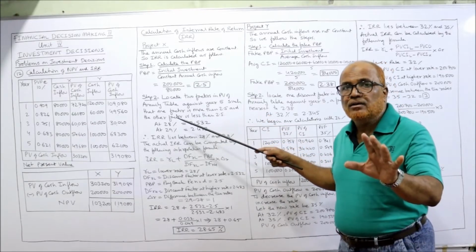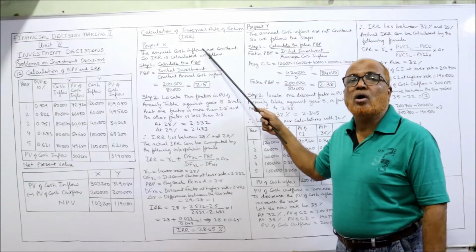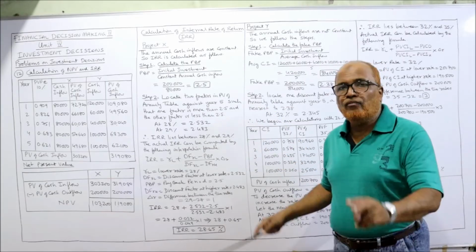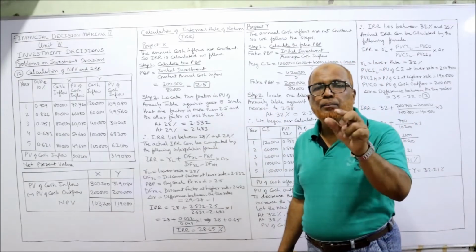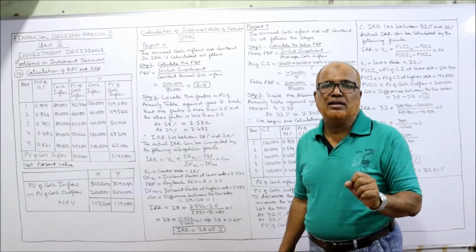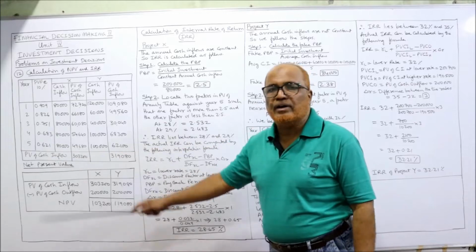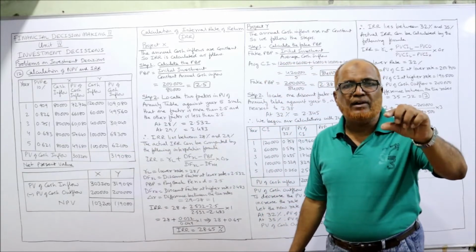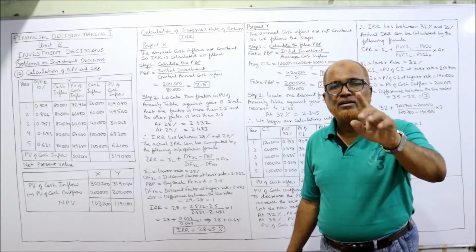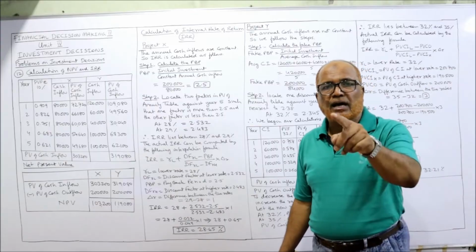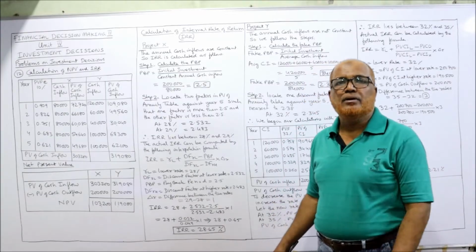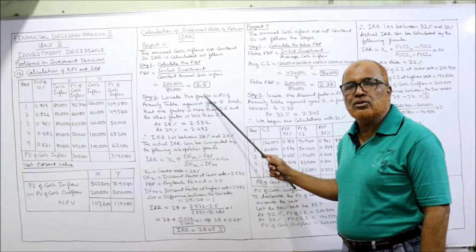We locate two factors in the PV of annuity factor table against year 5, because the life of the project is 5 years, such that one factor is more than the PBP and the other is less than the PBP. More than 2.5, less than 2.5.